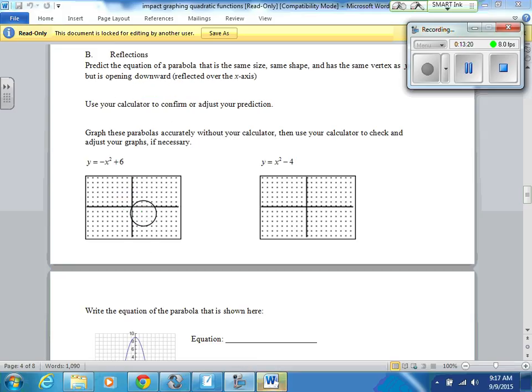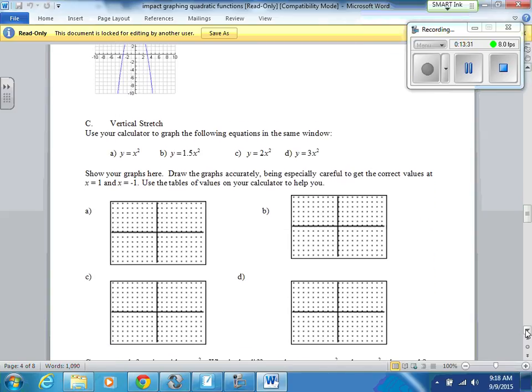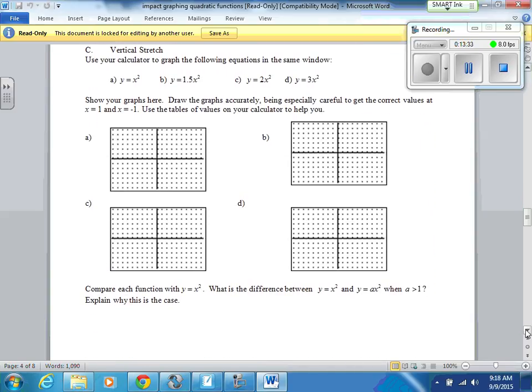Now let's talk about vertical stretching. Look at part C. Yesterday you had to graph the parabolas all on the same coordinate plane.